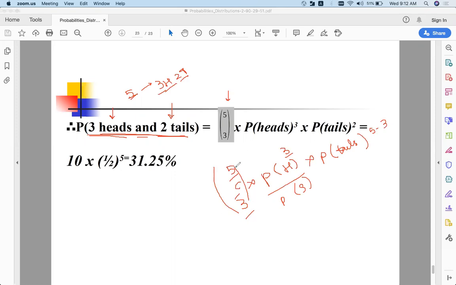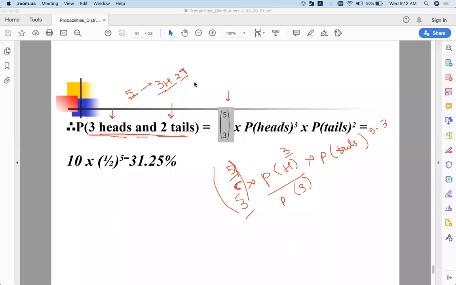Now, can anyone tell me how to find this particular combination 5C3? Just go in reverse: 5, 4, 3, 2, 1 over 3, 2, 1. It is 5 factorial divided by 3 factorial times 2 factorial.